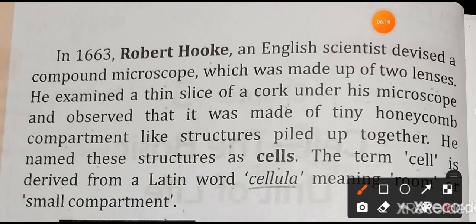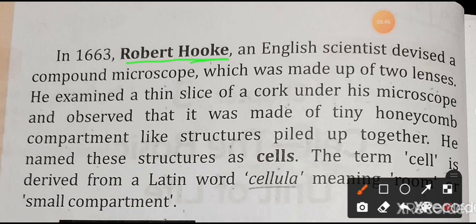In 1663, an English scientist named Robert Hooke invented a compound microscope. It has two lenses. Under this microscope, he examined a thin slice of cork and found that the cork was made up of very tiny compartment-like structures piled up together.